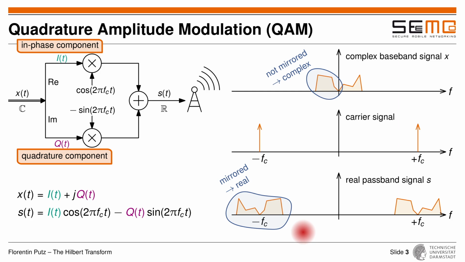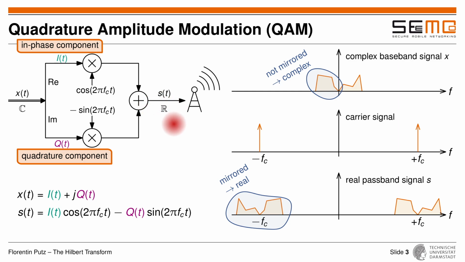So the positive frequencies are exactly mirrored in the negative frequencies. The reason it's real is because the real and the imaginary part of this complex baseband signal are each individually real. And if we modulate them using a real cosine or a real negative sine, this will still just be real. And if we add it, it's still real in the end.